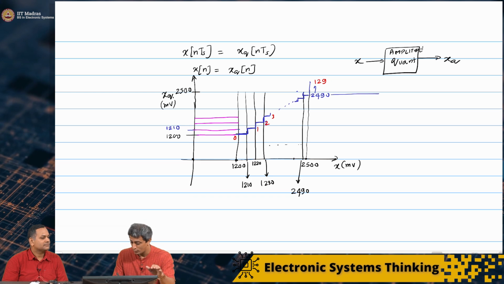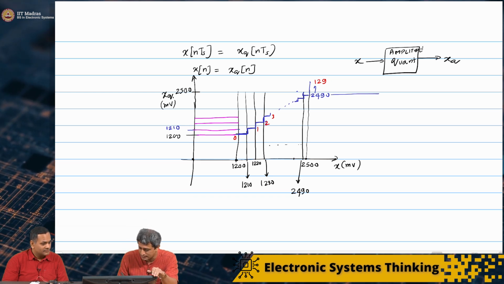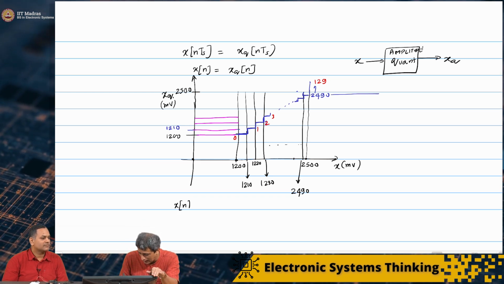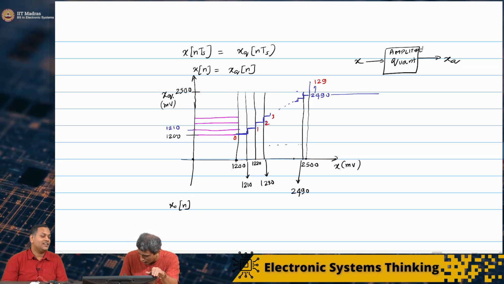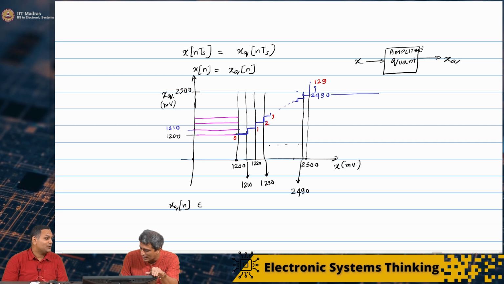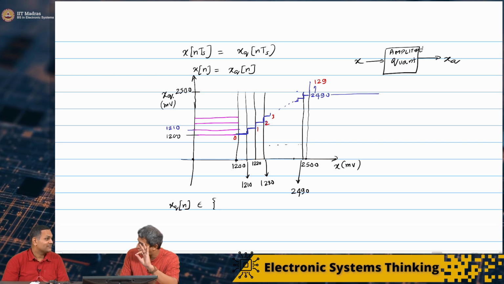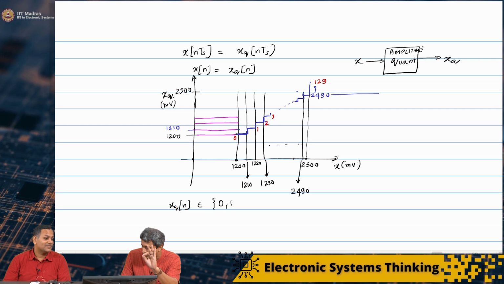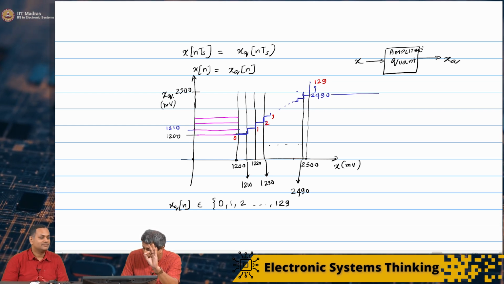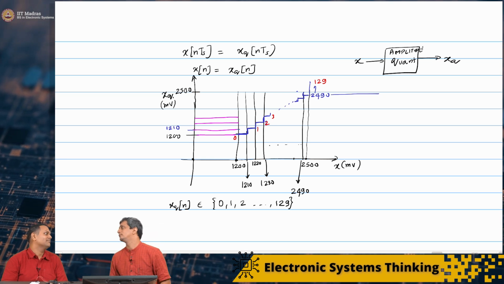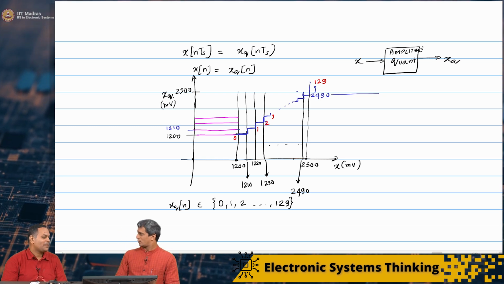So now our xq of n is abstracted to numbers. L is one of the numbers 0, 1, 2, all the way to 129. So this is amazing.